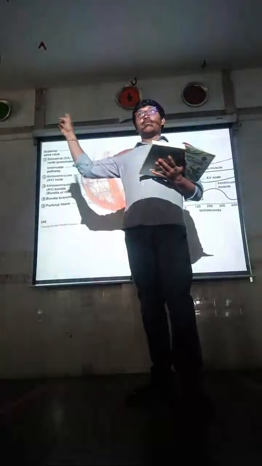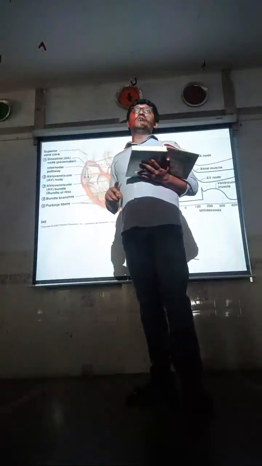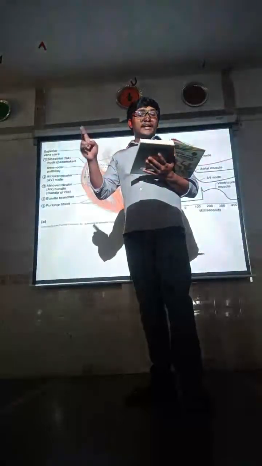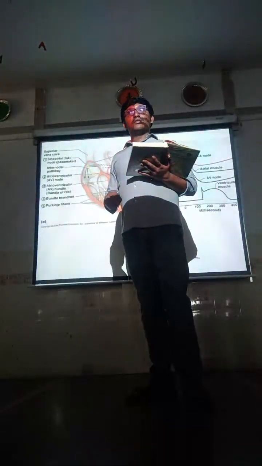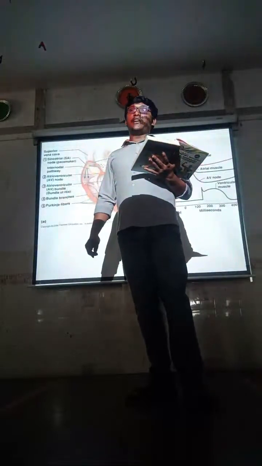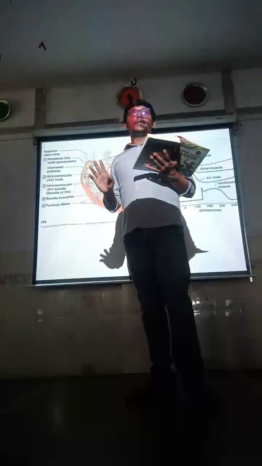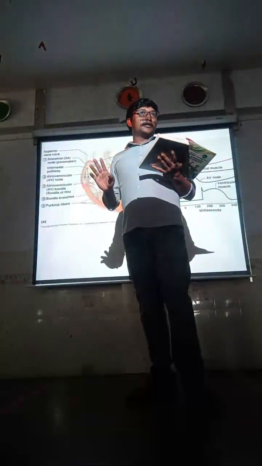What is the rate of the SA node? 60 to 100. The AV node? 40 to 60. The bundle of His? 30 to 40. The Purkinje fiber? 20 beats per minute.